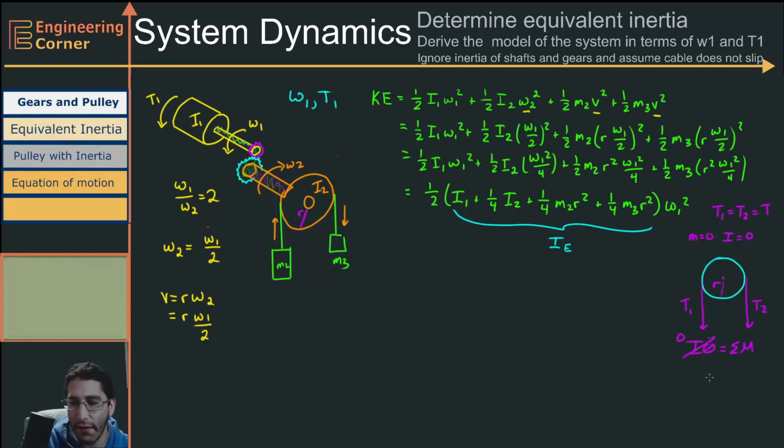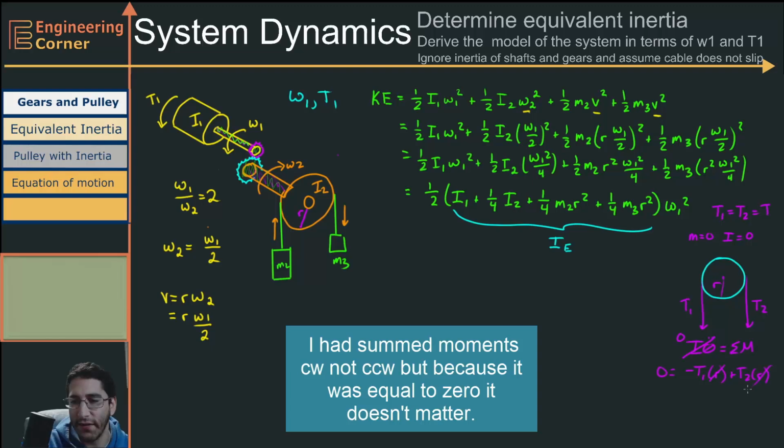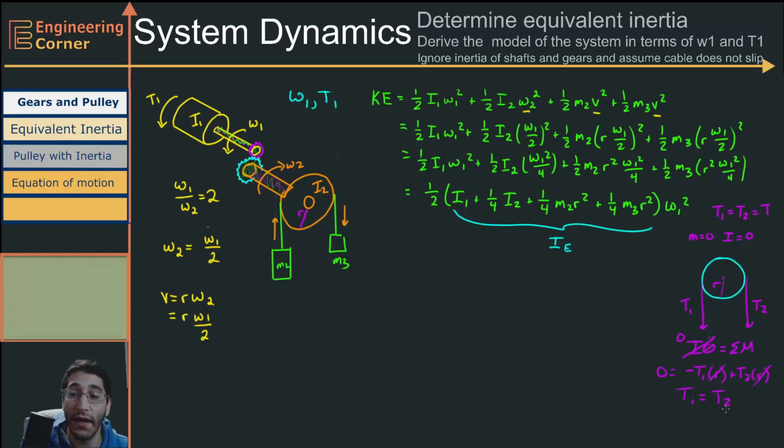We'll see it doesn't matter in a minute, but this is minus T1 times r plus T2 times r is equal to 0. The r's can get divided out, and we get T1 is equal to T2, based on the assumption that the pulley is massless or has no inertia.